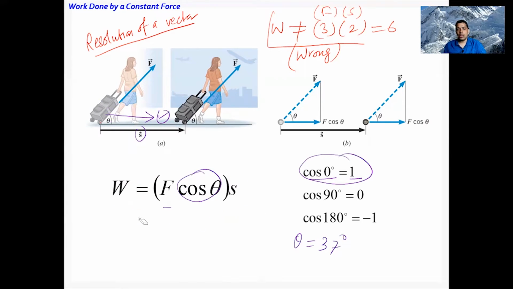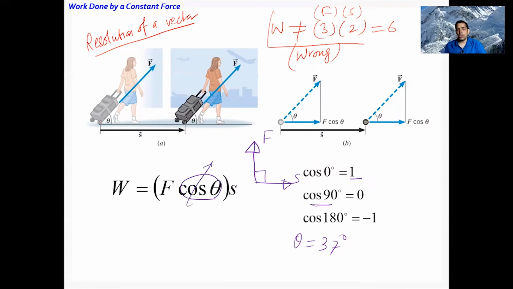Similarly, if the angle between F and S is 90, let's say your F is like this and your S is like that, then cosine 90 is 0, and you get 0 work done, 0 joule.